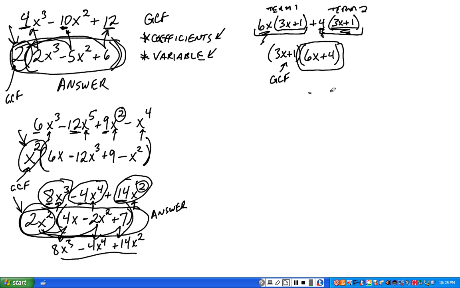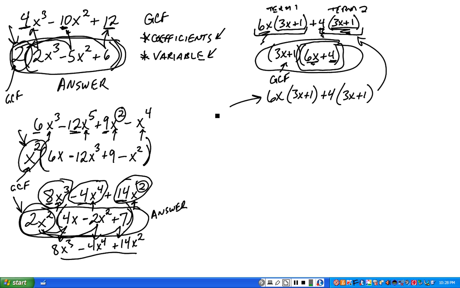I'm going to show you this way so it looks better. So I can take the 6x plus 4 from here and multiply it by 3x plus 1, and I can take the plus 4 and multiply it by 3x plus 1. There you go. And that's exactly what you started with. That would be the initial step for multiplying if you were going to do horizontal multiplication. So again, this is the answer, and this would be my check, to see that I'm going in the right direction with my problem.